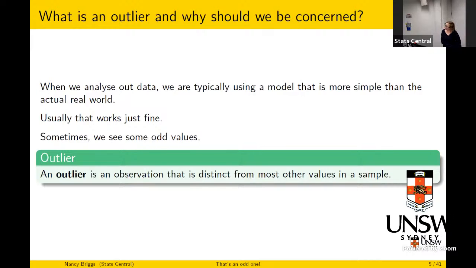And so we should probably define or give some sort of form to these odd values. So in general, an outlier can be an observation that is distinct from most other values in your sample. It's not a very technical definition, nor is it very specific, but that's basically what it is. It's something that looks different from all the other stuff.